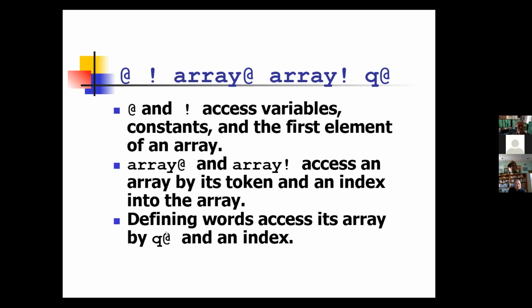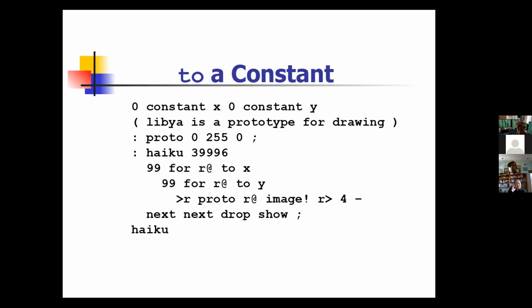And defining words need to access their array in the interpreter, and they use QF and an index to access however many items you put into that defining word. So here is a word, to. To allows you to change the value of a constant, but to has to be used in a colon definition.